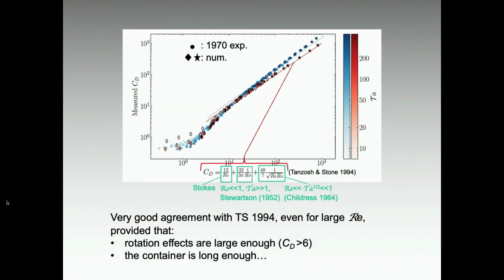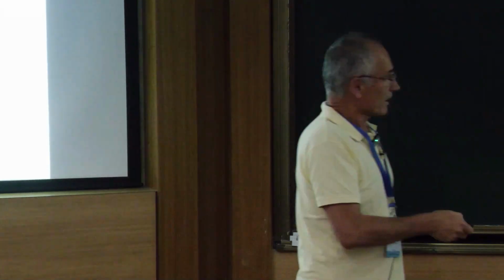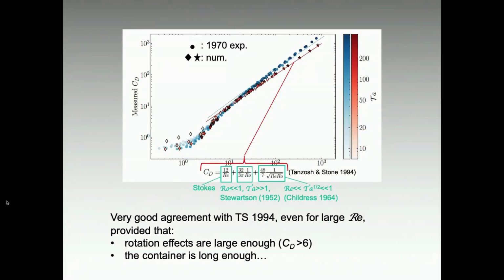On the one hand, there is Stewartson's prediction, which is supposed to be valid for zero Rossby number and an inviscid fluid. And to this, they added the Stokes drag plus a finite Taylor number correction, which was derived in the 60s by Stephen Childress. And you see that this semi-empirical prediction does a very good job.